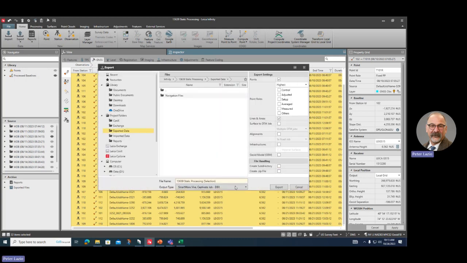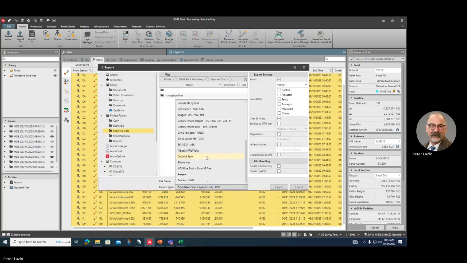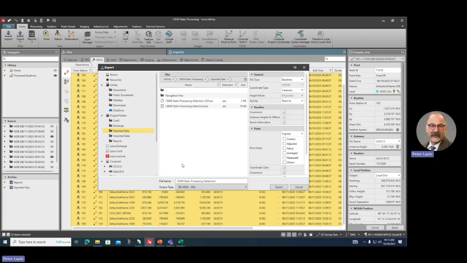I would use ski ASCII, and that creates a file that could be imported into StarNet. We'll do that here, and you want to make sure, this has burned me in the past, that this says Cartesian, which is for the Earth-centered, Earth-fixed Cartesian type coordinates.